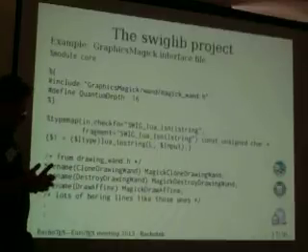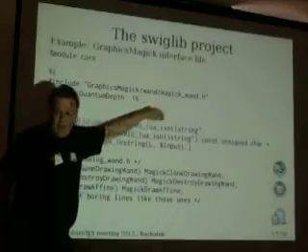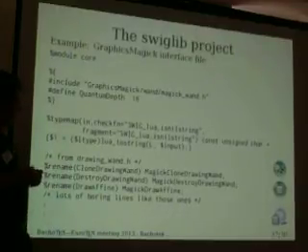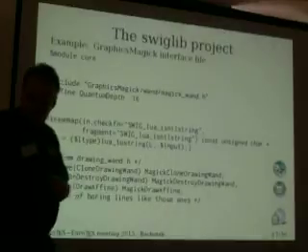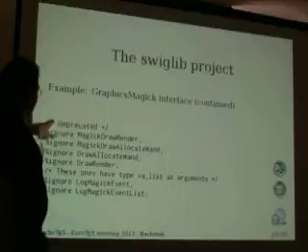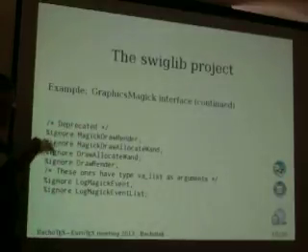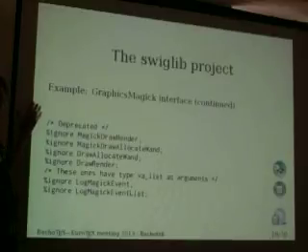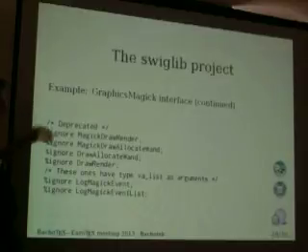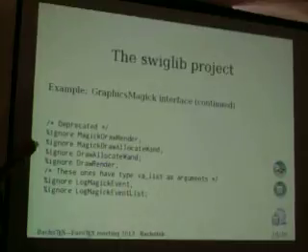With Swig you can manipulate the input without modifying the input header file to produce a binding that is better. For example, there are some functions that are deprecated, and I decide by design not to export the deprecated functions to the binding. So I can say to Swig, okay, when you see this symbol, just ignore it, and it will not be available in the binding.